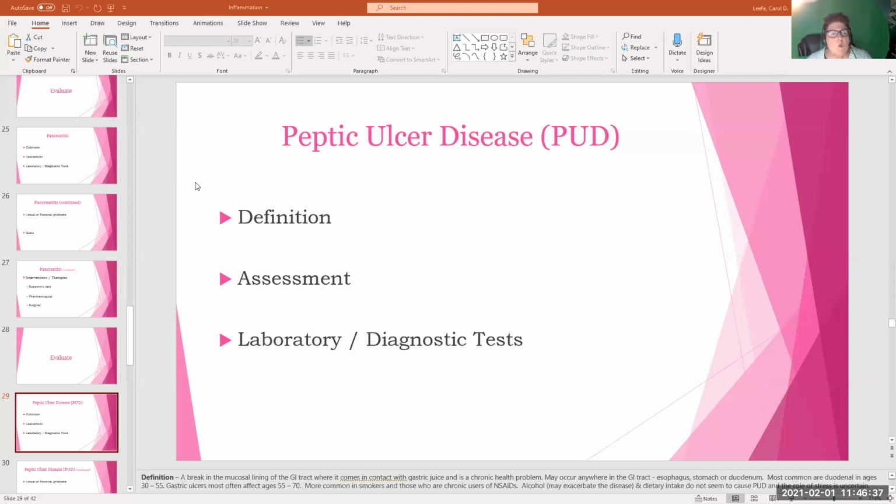In the duodenum, duodenal ulcers, a lot of times the blood will make its way through the intestines. If it's digested blood going through, that is melena. It's black and tarry, and it gives a very distinctive smell.